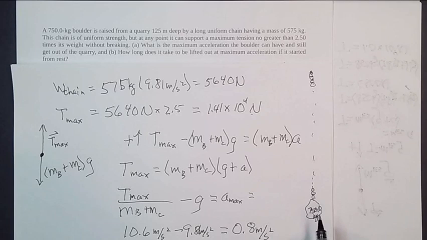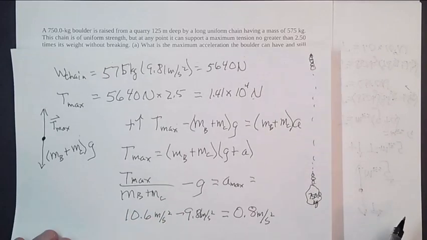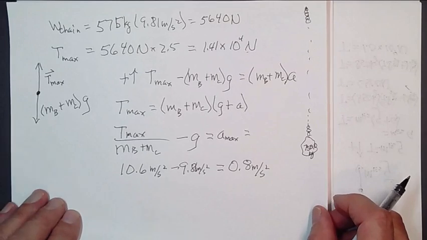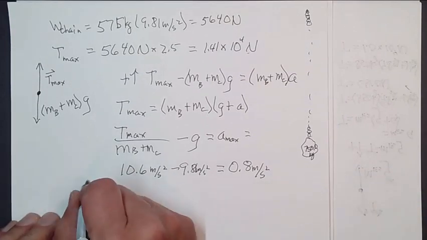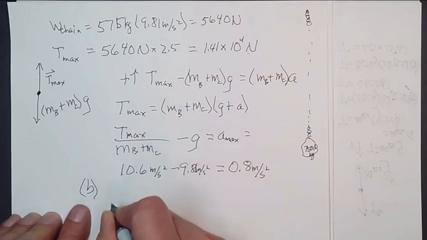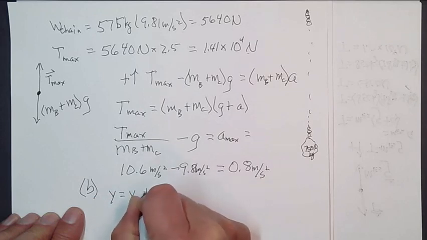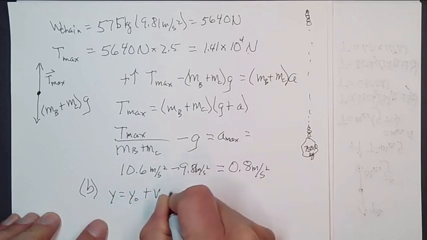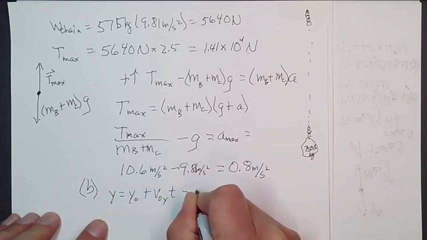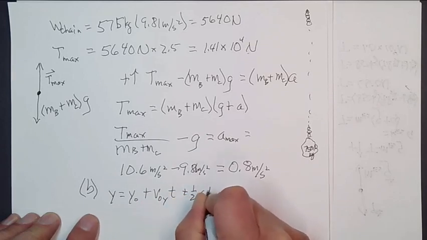Okay, then it asks, how long does it take to be lifted out at maximum acceleration if it started from rest? Well, I'm going to slide up and kind of hide that, but I think we can solve that. For part B, it's going to be accelerating upward. I could say that y is going to equal y naught plus v naught y t plus 1/2 a t squared.